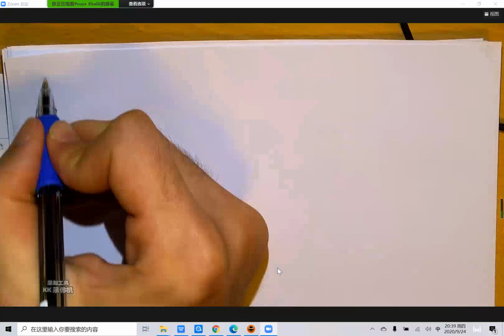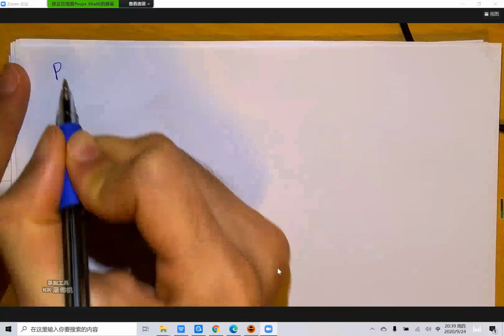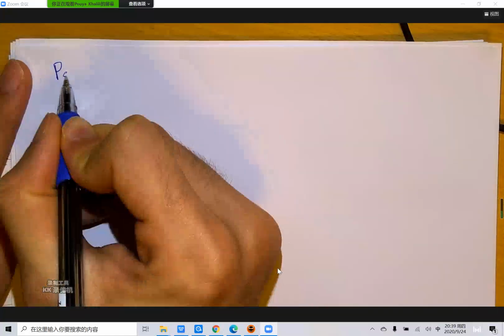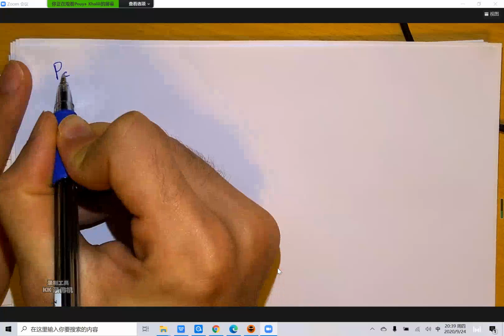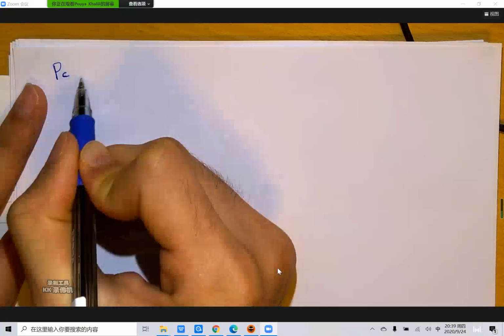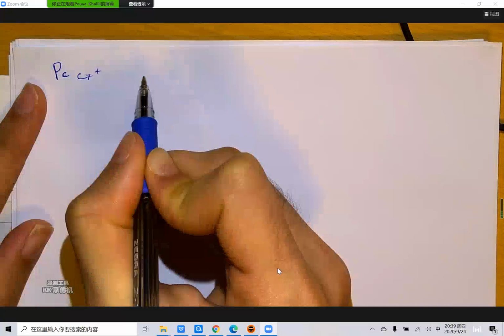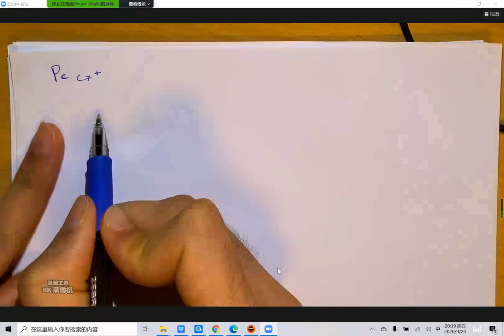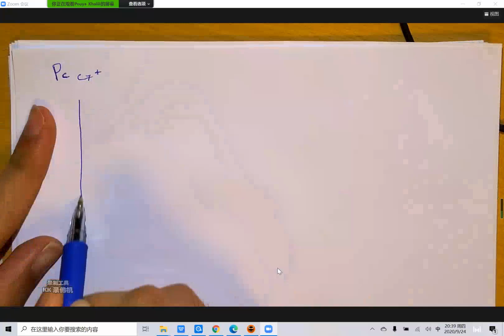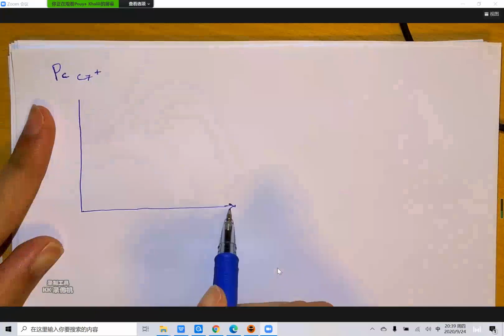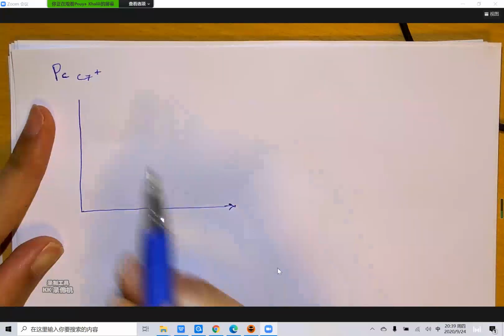So to find the critical pressure of C7 plus, we can use something like that figure. I couldn't find that in the compendium, but maybe I will upload it later in the canvas.